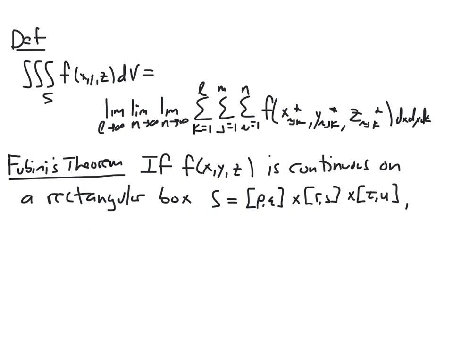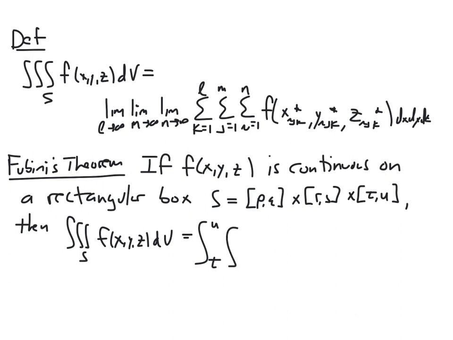So if the function is continuous on this box, then our triple integral that we have defined above is defined by the iterated integral from T to U, from R to S, and from P to Q of our function dx, dy, dz.